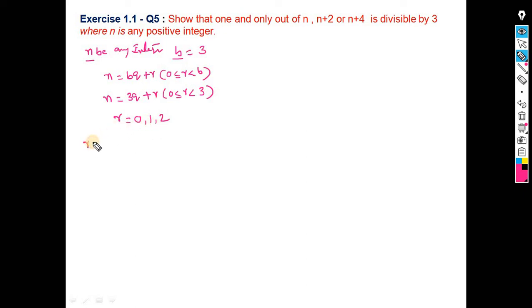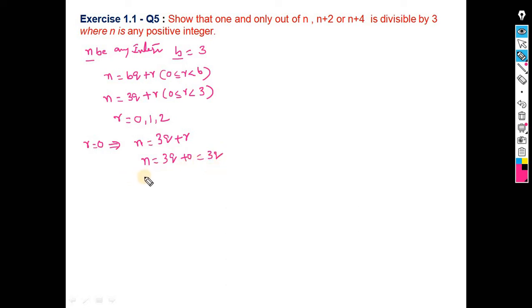Now, I will implement one by one. If I take r value as 0, n is equal to bq plus r, that is 3q plus r, so n is equal to 3q plus 0, that means it is 3q. This is our first value.